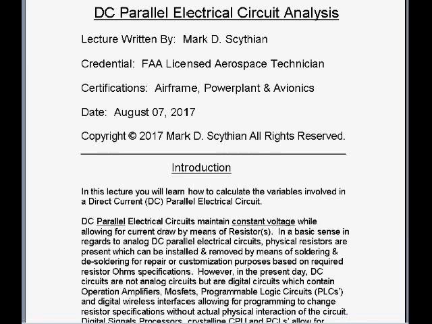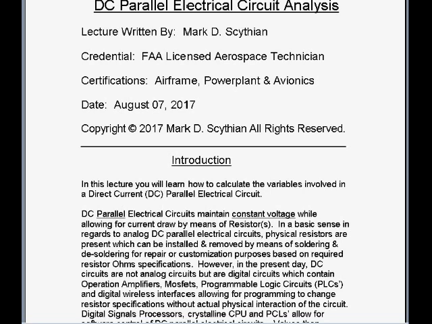However, in the present day, DC circuits are not analog circuits but are digital circuits which contain operational amplifiers, MOSFETs, programmable logic circuits or PLCs, and digital wireless interfaces allowing for programming to change resistor specifications without actual physical interaction of the circuit.